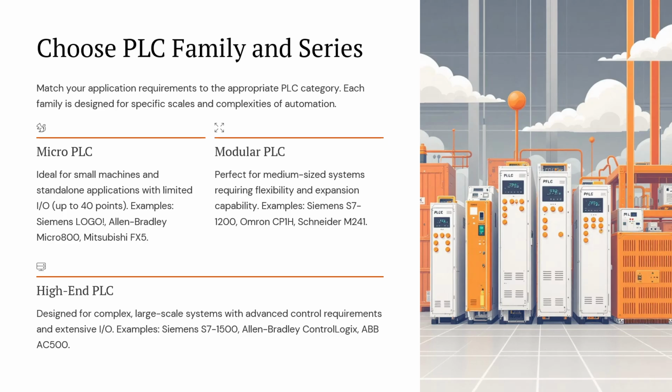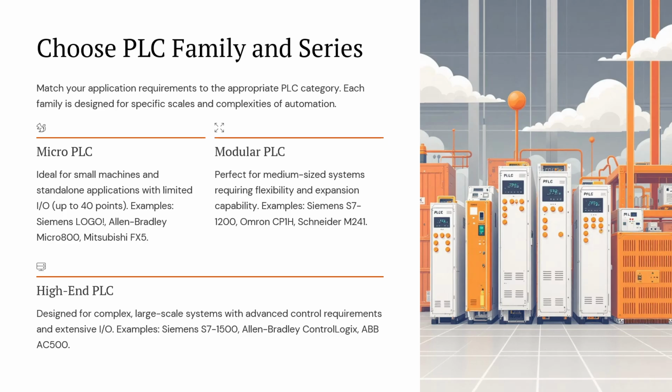The next one, we have to choose the PLC family. Here we can select the right PLC family based on the application. For small machines, we can select micro PLCs like Siemens LOGO, Allen Bradley Micro 800 PLC.